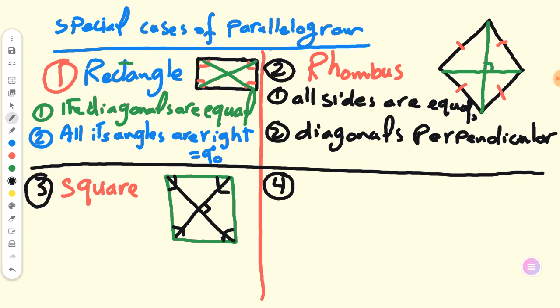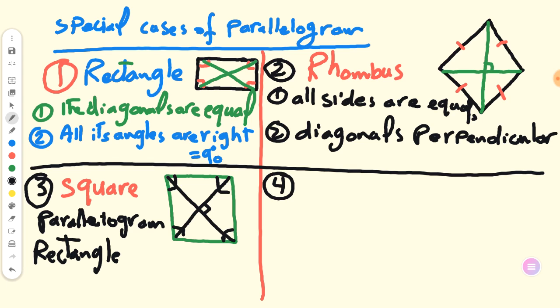The two diagonals are perpendicular like the rhombus. So a square has all the properties of a parallelogram, all the properties of a rectangle, and all the properties of a rhombus.